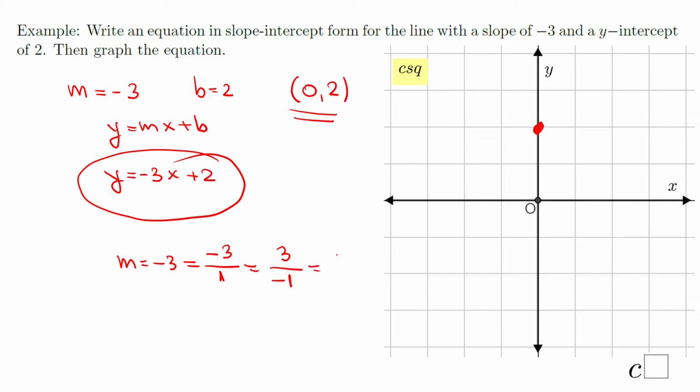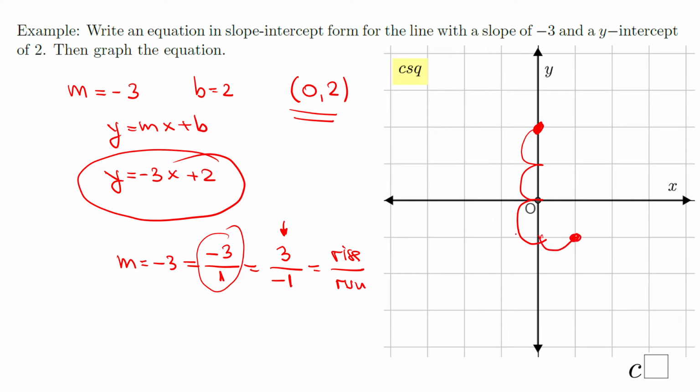Remember, the meaning here is rise over run. If you take a look at the first one, that means I'm going to have to go 3 up, which I cannot do in my picture, and then 1 left. So I'm going to use the second one, which tells me to go 3 down and 1 right.